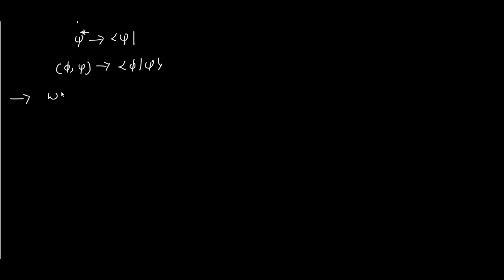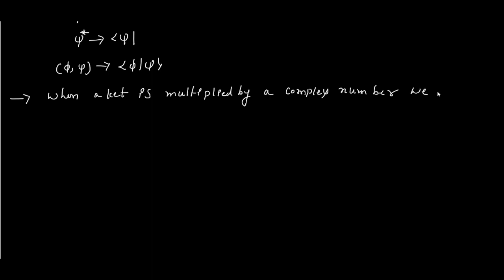One is when a ket is multiplied by a complex number, we get also a ket vector.